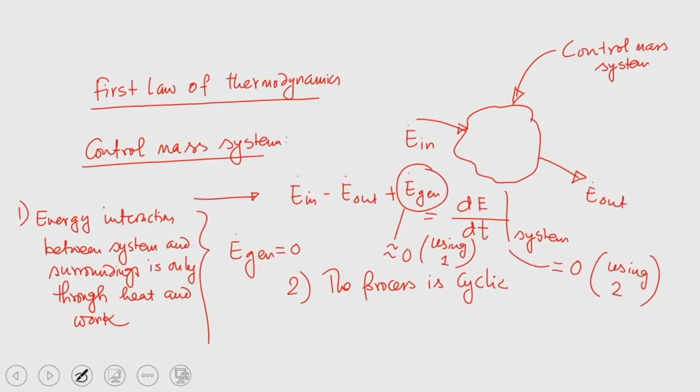What we have discussed is that the interaction between system and surroundings is only through heat and work. There are no other forms of energy either entering the system or leaving the system, except heat and work.